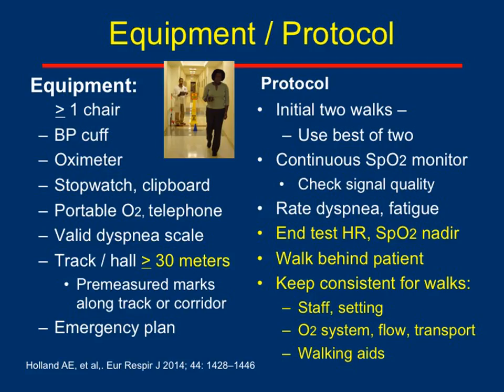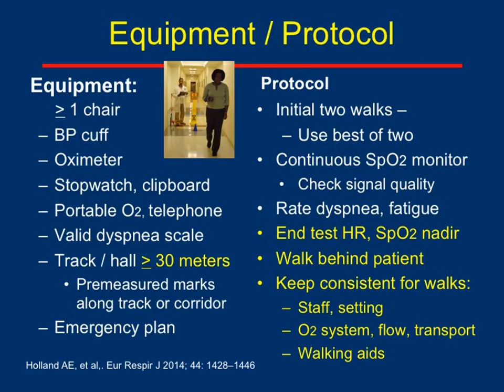When you're measuring O2 sat during the 6-minute walk, you're not having the patient hold a handheld oximeter. You're either using a finger ox, or you're putting the handheld oximeter in a pouch with a window where you can see the O2 sat during the test. You'll have a stopwatch and a clipboard.